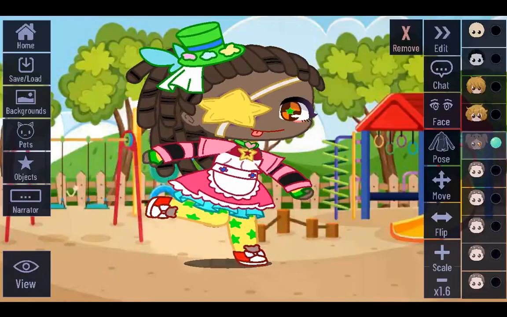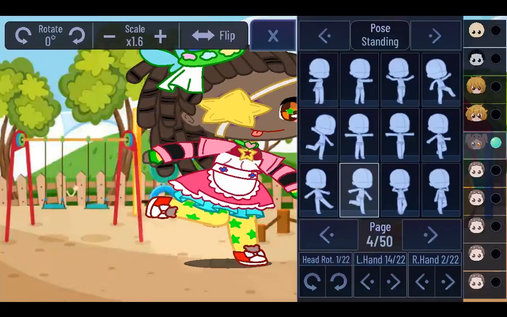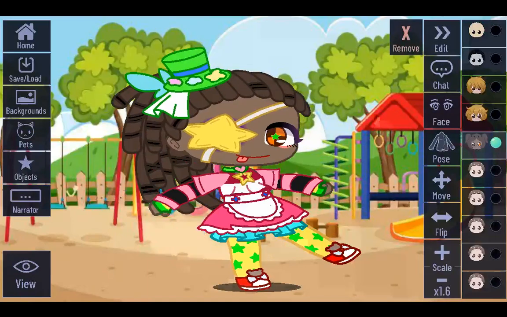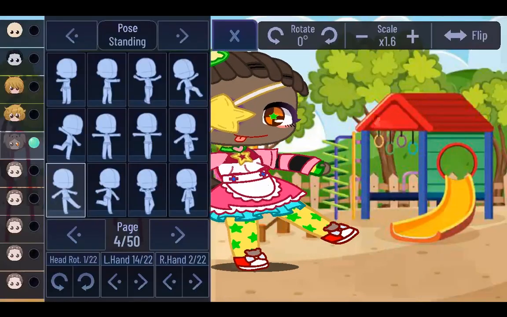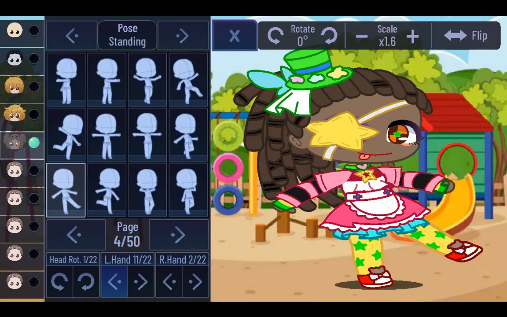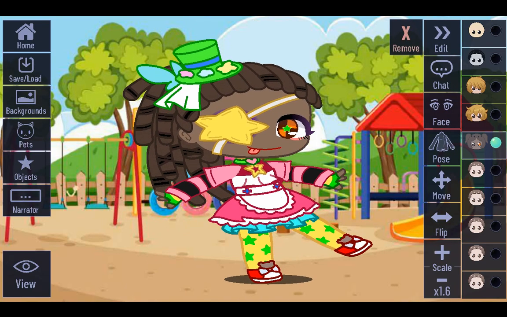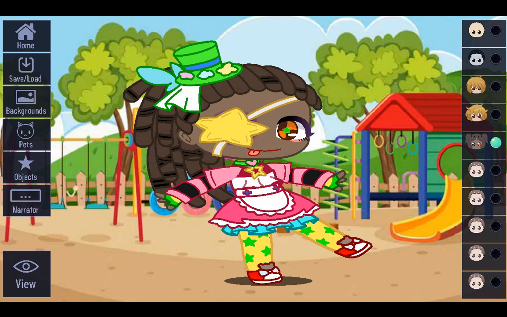Also, this is what my eyes look like. This is basically supposed to be me, and I didn't have any ideas for OCs, so here I am making myself a kid core OC.